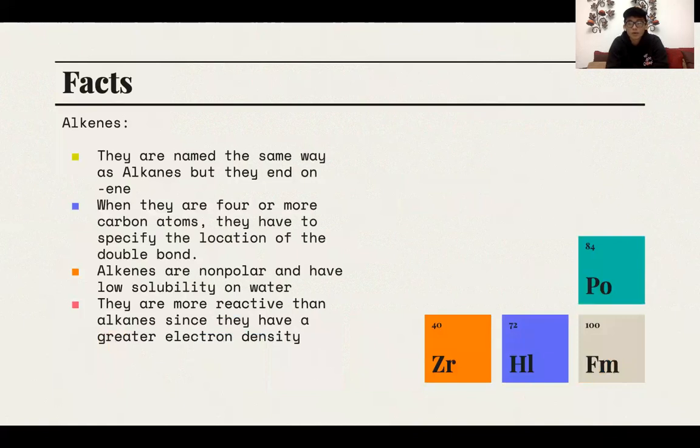When there are more than 4 carbon atoms, you need to specify where the double bond is. They are usually non-polar and have low solubility in water. And since they have a double bond, their electron density is greater, meaning that they are more reactive.